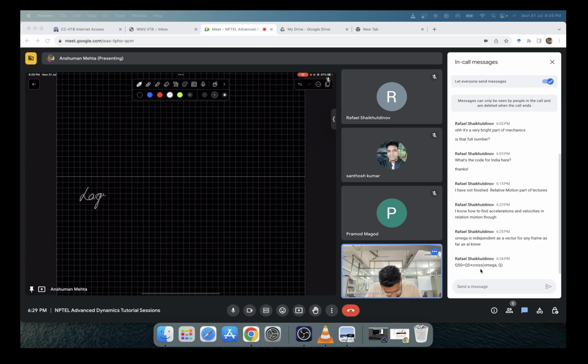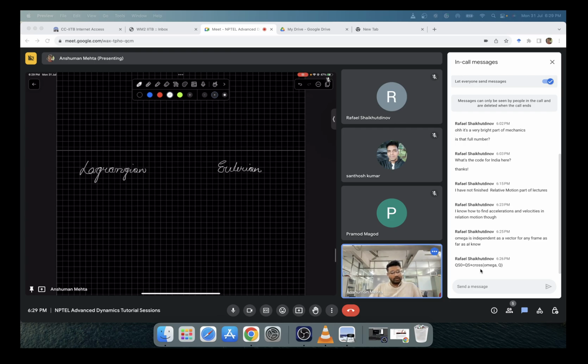Now we have Lagrangian dynamics as well as Eulerian dynamics, right? In Eulerian, we fix the frame and all the particles are moving like this. In Lagrangian dynamics, we track the particle; we actually sit on the particle.